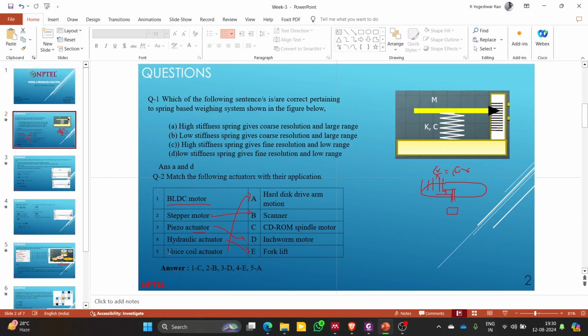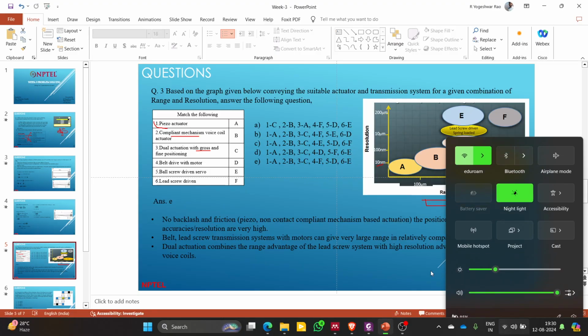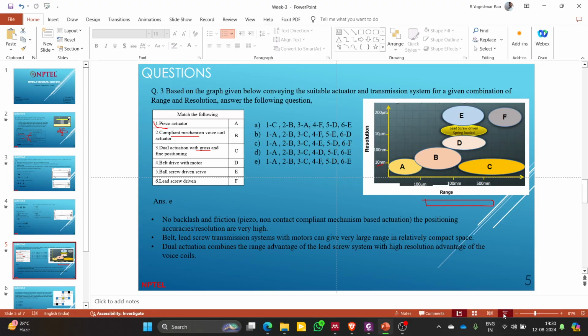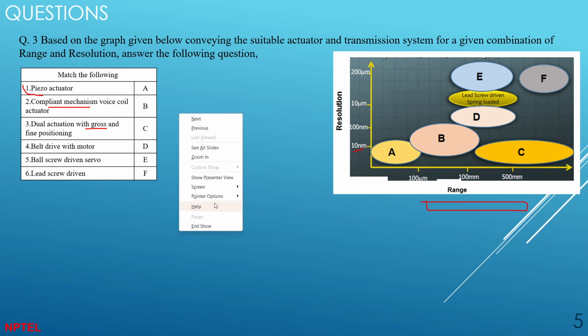I just forgot one. Voice coil actuators are used for the CD-ROM drive, I think. Sorry, the voice coil actuator has been used for the hard disk drive.